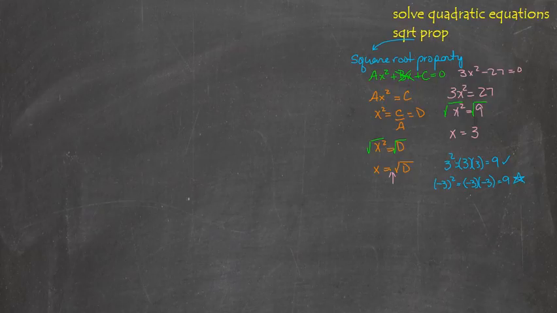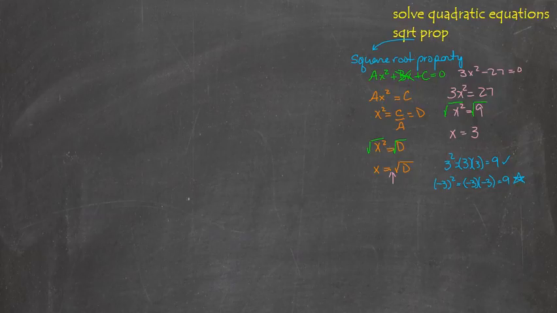So when you're solving a quadratic using the square root property, we have to remember that when I take the square root of both sides, I'm actually creating a situation where there are two answers, not one answer, or two solutions, not one solution.